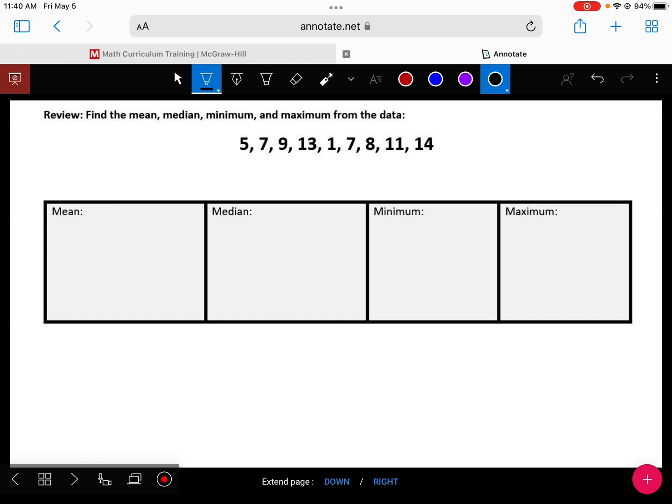That is correct. 5 plus 7 plus 9 plus 13 plus 9 plus 7 plus 8 plus 11 plus 14. 75 divided by 1, 2, 3, 4, 5, 6, 7, 8, 9. There. That's correct. Do I put the 3 decimal places? Yes, take it up to 3.